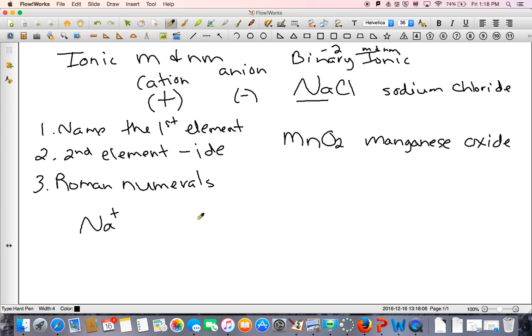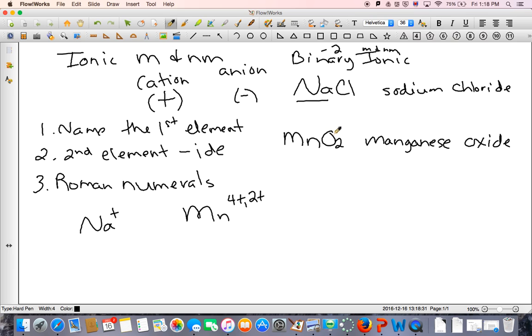Checking for Roman numerals on your periodic table, in the top right-hand corner, you'll see a possibility of a 4 positive and a 2 positive, and maybe some more. The periodic table I've given you has a 2, 3, 4, 5, and 7. Most of the time it's just 4 and 2. So this requires a Roman numeral because there are two options.